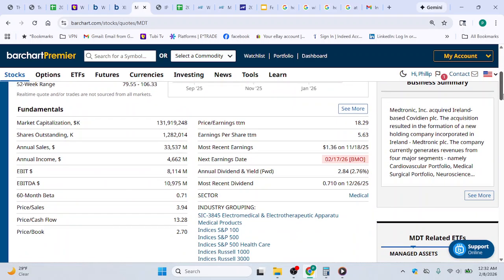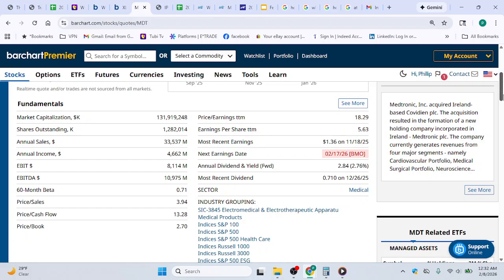But then we go here, we can see the fundamentals, and we can see that here, price divided by earnings, this number is lower than Boston Scientific, which was about 25. This stock also pays a dividend, whereas Boston Scientific did not. We also have other ratios, right? 13 times cash flow versus I think the other one was 18 or 20 times cash flow.